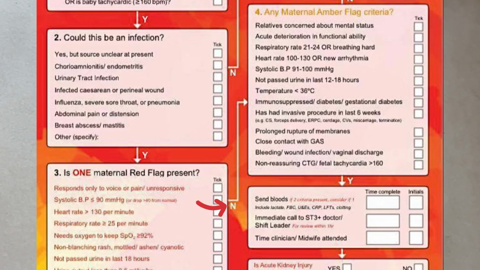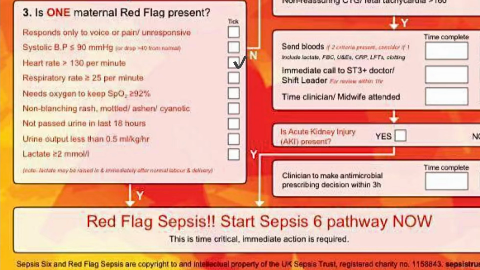So let's say if any of them is a yes, you will take it. You just need one piece of information to move all the way down. So let's say that ours went all the way to the yes, 3, which is red flag, and it is sepsis 6 pathway. That means you're happy to start your sepsis 6 pathway.